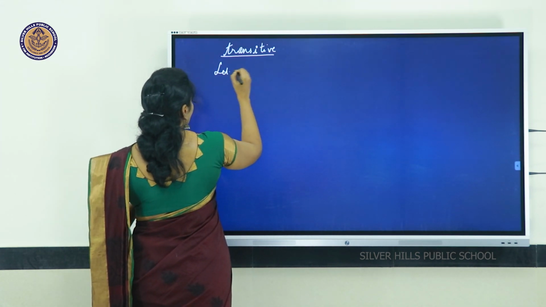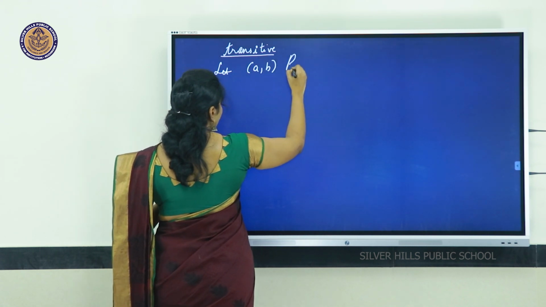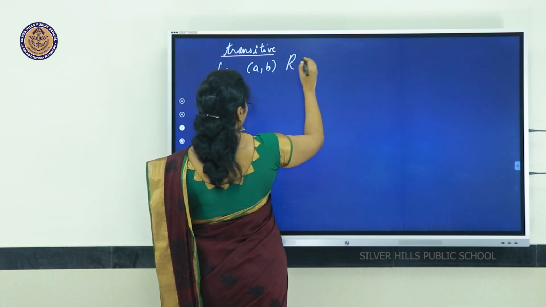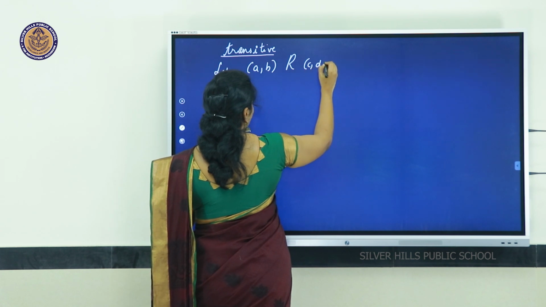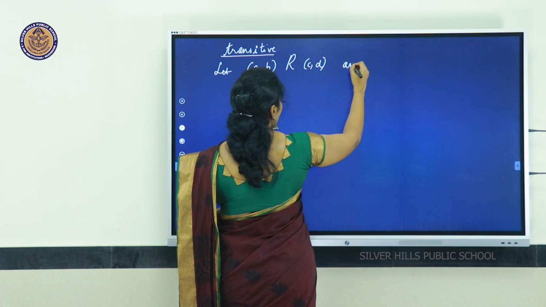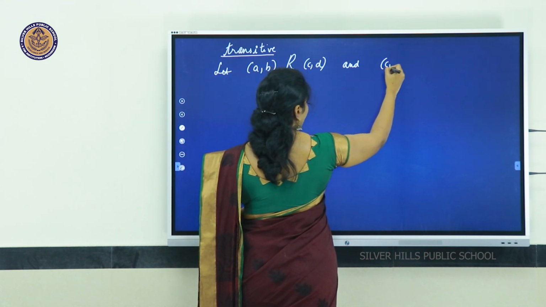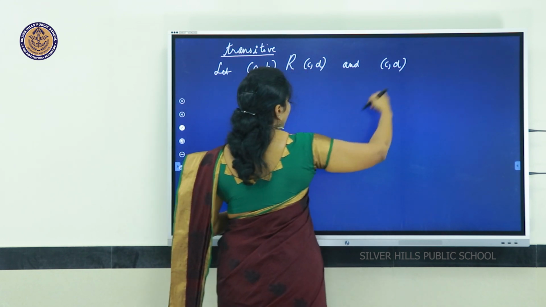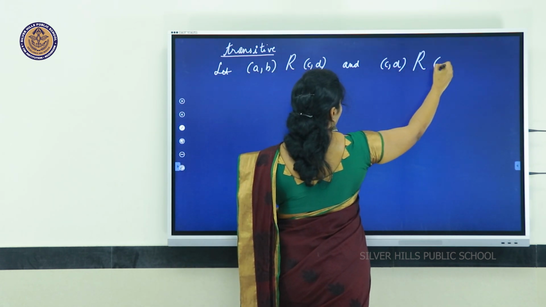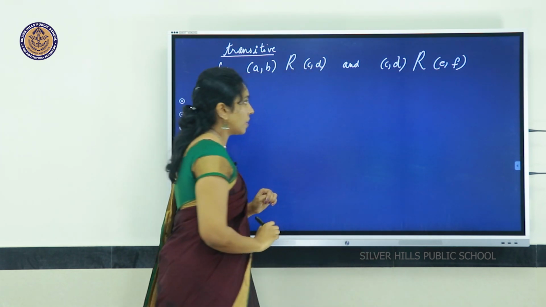Let some ordered pair AB be related to some CD, and we are ending with CD. So, start with CD and let CD be related to some EF. That is how we must select the pair.